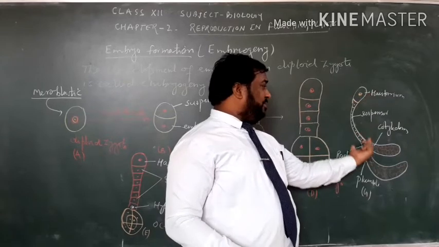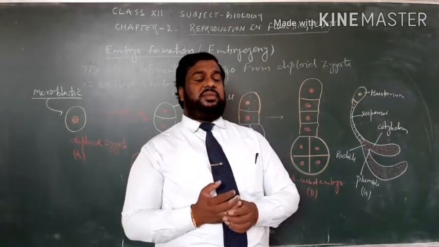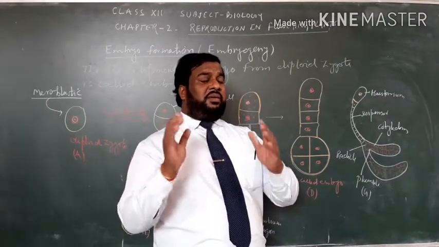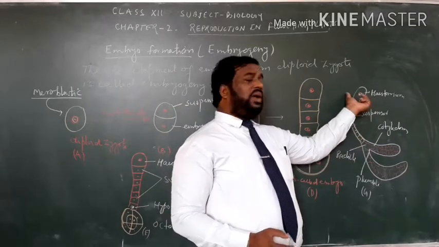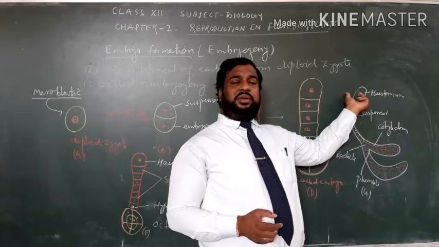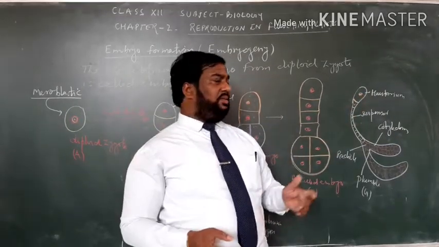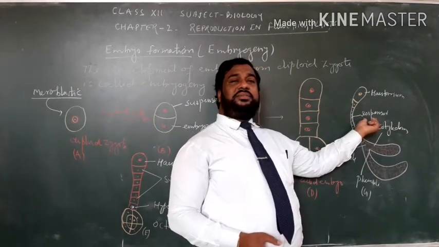Or next, when a fully mature embryo is formed in a dicot plant. So this fully mature dicot embryo has one haustorium for the nourishment of the growing embryo at the micropylar end, one long suspensor.